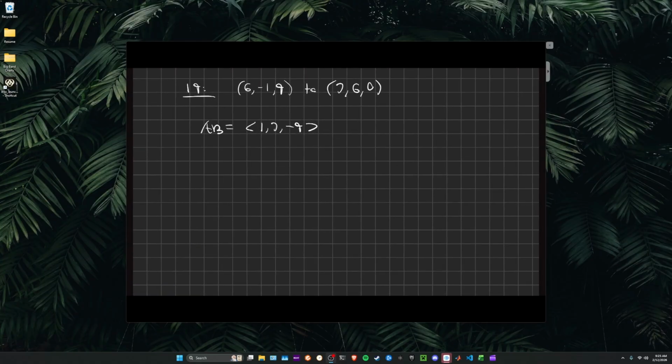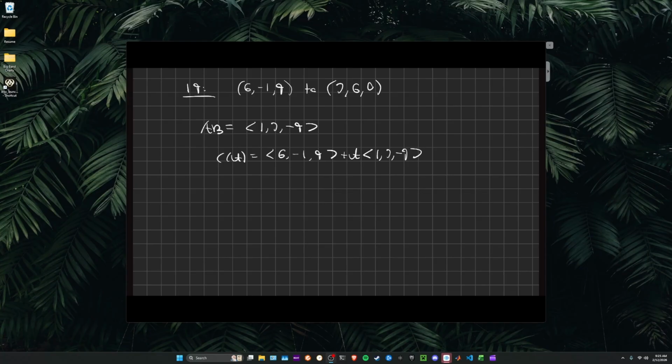So this line would be given by the equation r of t being (6, -1, 9) plus the scalar t times (1, 7, -9).